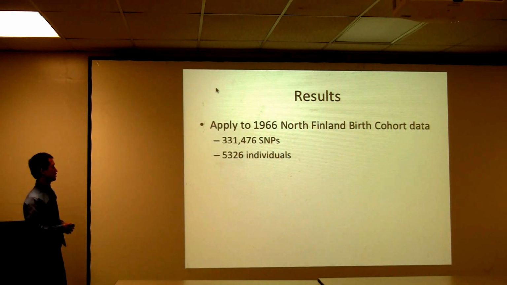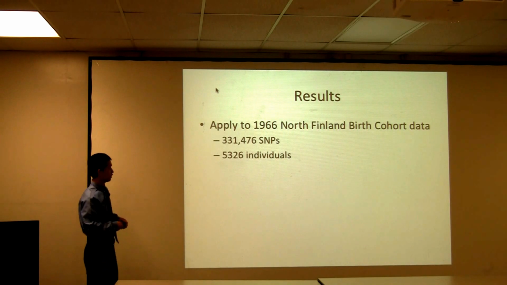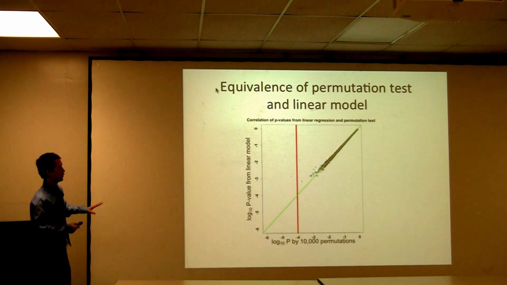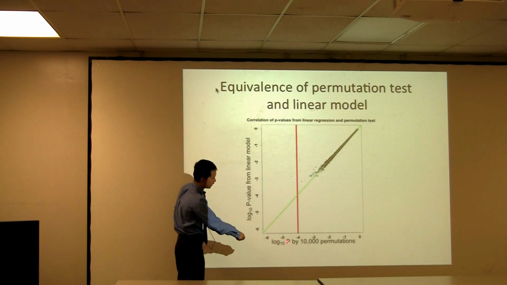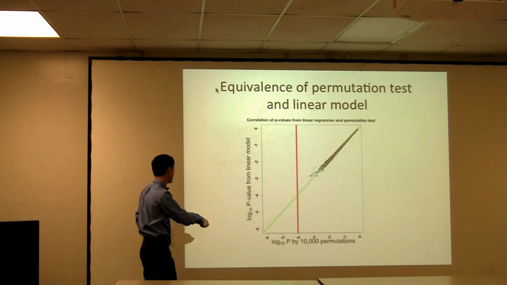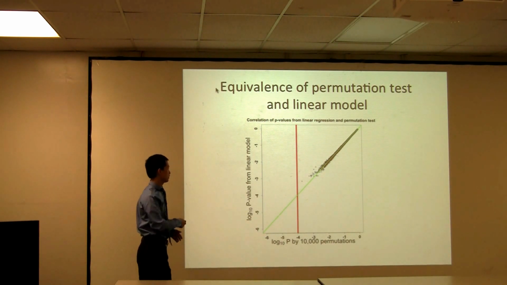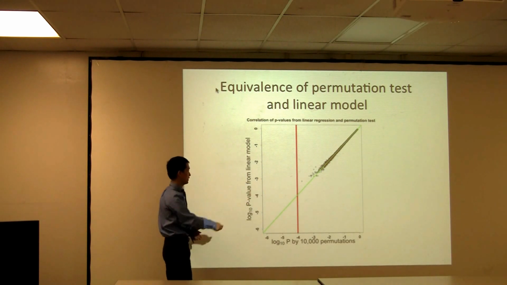We apply our method to the Northern Finland Birth Cohort data, which is the same as before, and here we show the results. In this figure, on the x-axis, we show the log p-value from 10,000 permutations, and on the y-axis, we show the log p-value from the linear model. We can see that the p-values are highly correlated.